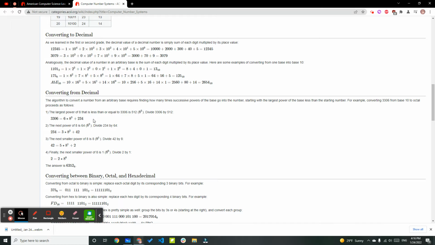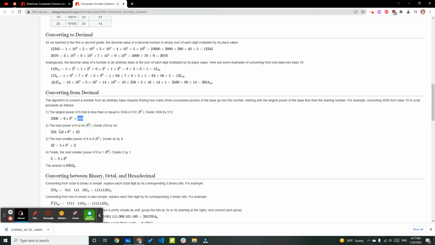So the largest power of 8 that is less than or equal to 3,306 is 512, which is 8 to the power 3. Then you divide by that, and you get 6 times that.